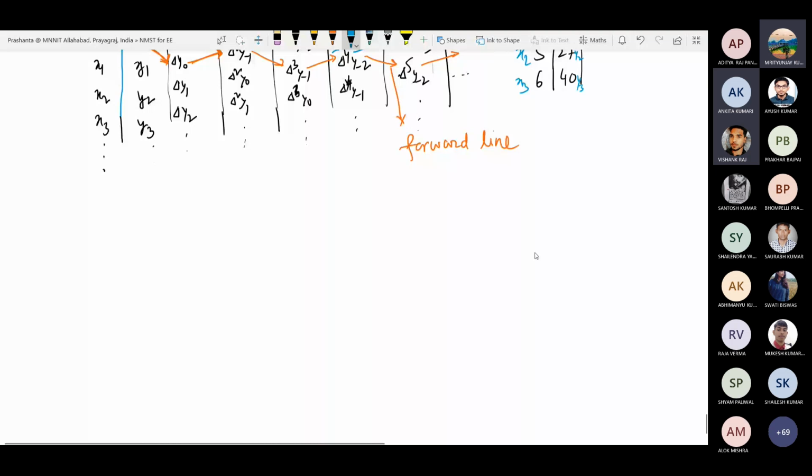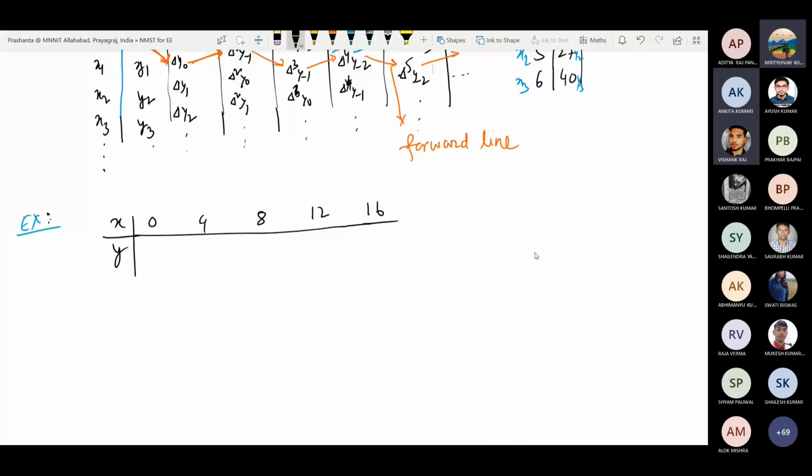So suppose the data points are x, y. The x values are 0, 4, 8, 12 and 16.